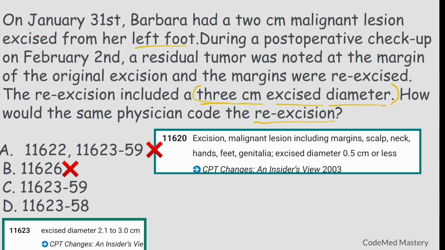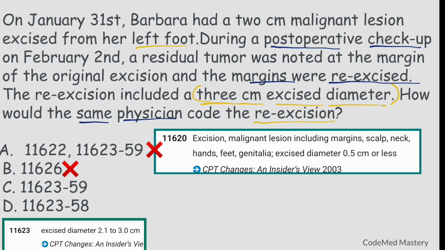So which modifier is matching the scenario? Modifier 58, right? Because modifier 58 is for staged or related procedure or service by the same physician or other qualified healthcare professional during the post-operative period. In the scenario, you can see they have given during the post-operative checkup on February 2nd, residual tumor was noted at the margin and the margins were re-excised by the same physician, right?